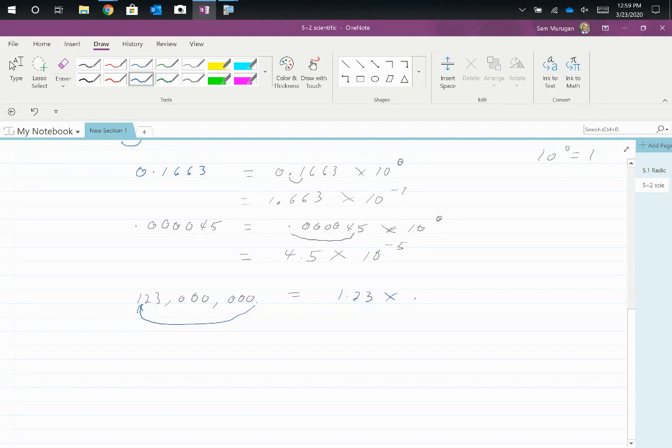And because I move backwards 8 places, I add 8 to the power 0, so 10 to the power 8. If I wanted to write 4.632 in scientific notation, since 4.632 is a number between 1 and 10, I would simply write 4.632 times 10 to the power 0.